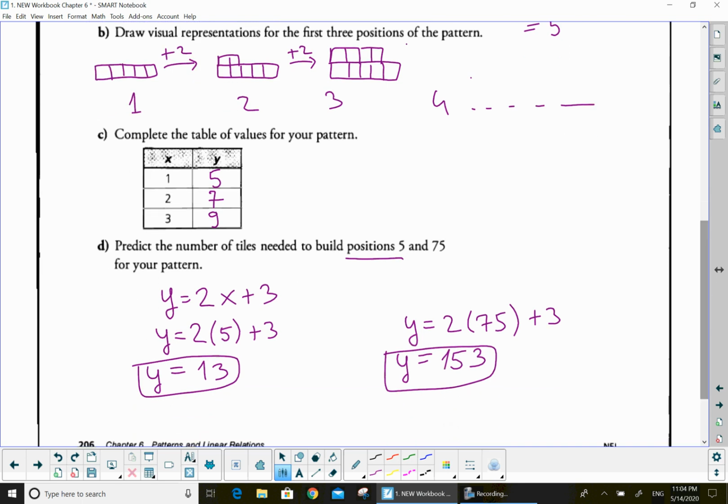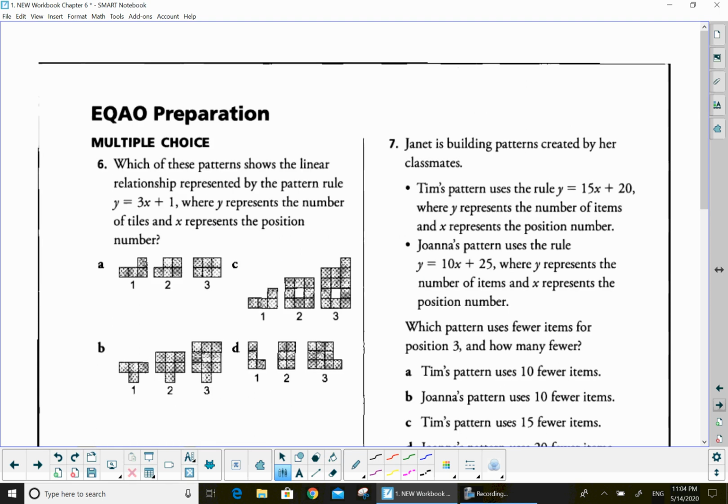There we go. So 2 times 5 is 10 plus 3 is 13. So there's going to be 13 tiles in position 5. And 2 times 75 is 150 plus 3 is 153. There's going to be 153 tiles in position 75.